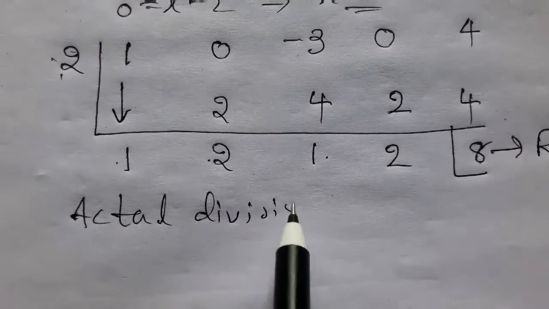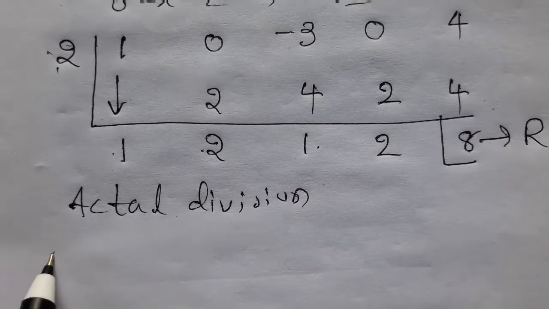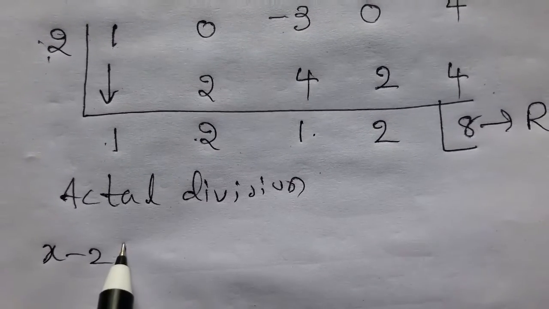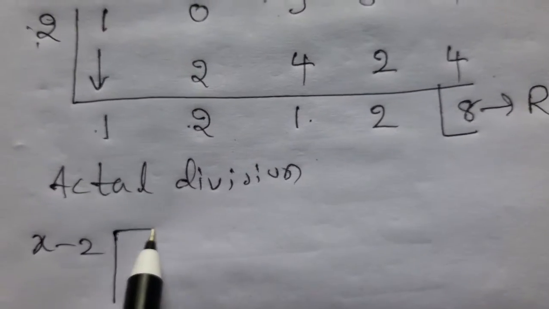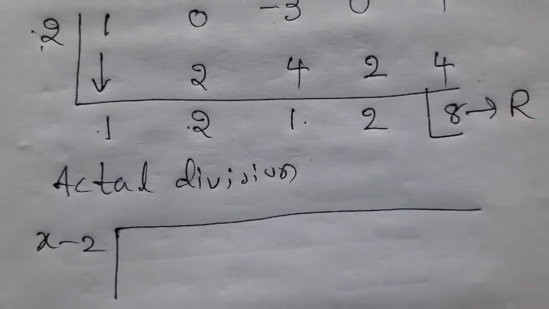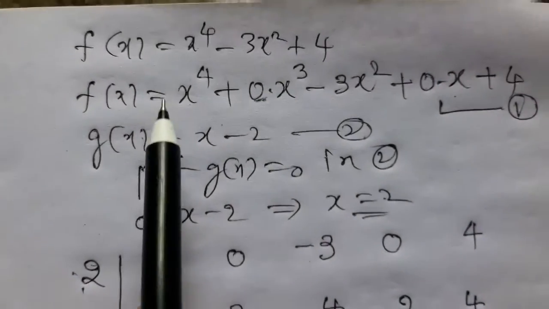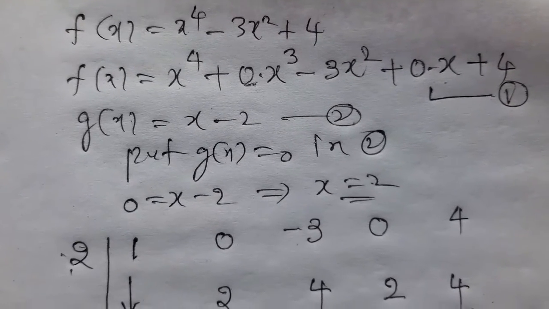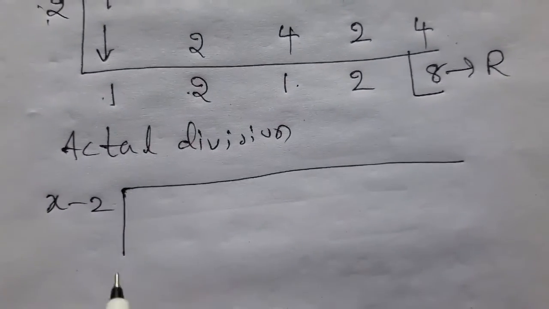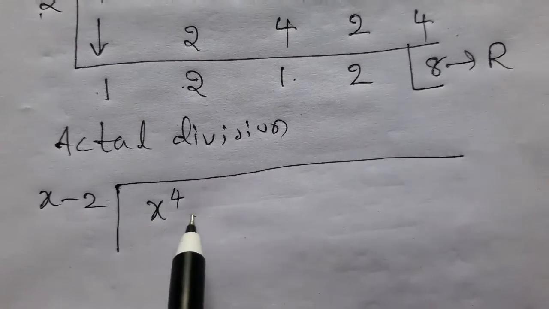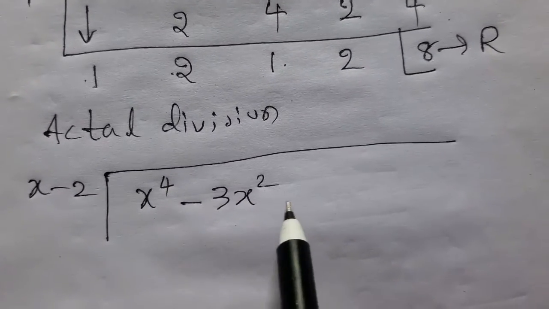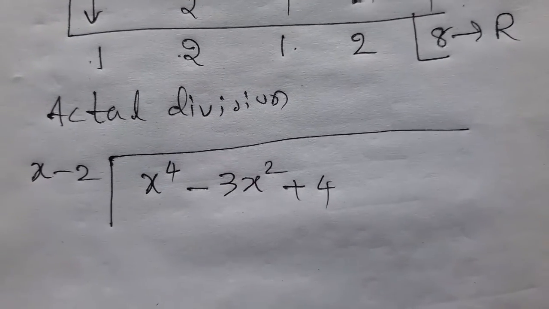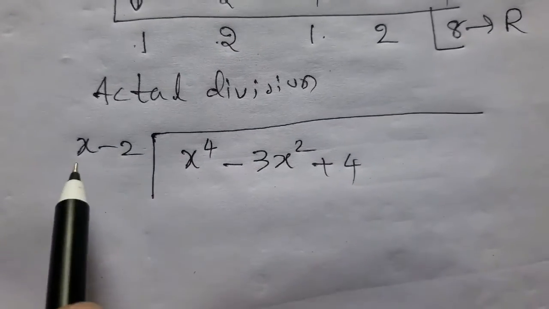Why actual division? We are doing the verification. What is given? g of x is x minus 2, isn't it? Next, f of x is x power 4 minus 3x square plus 4. This is given. So this is the actual division process. See here, x is there.